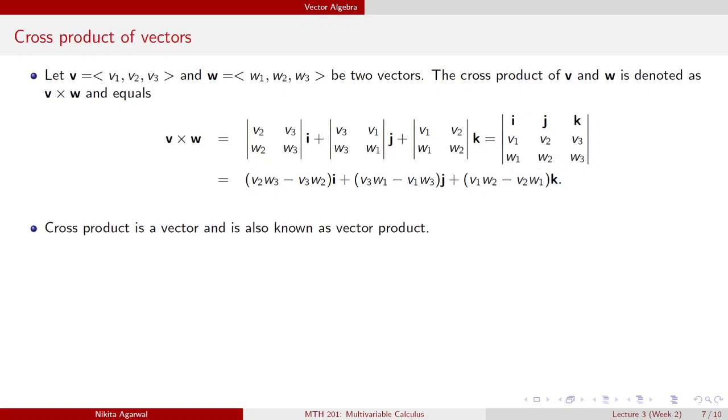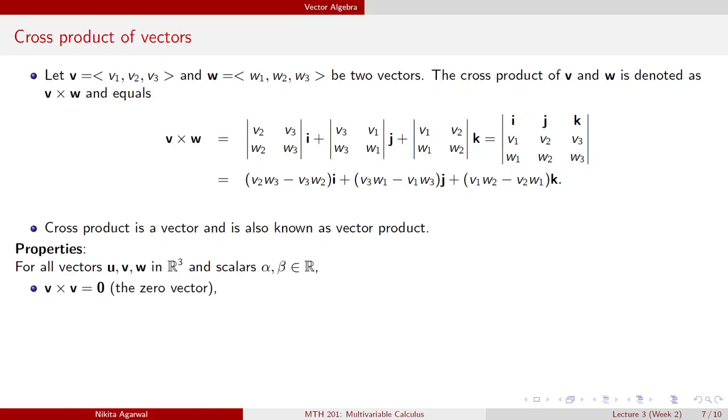We will see that in a minute. So the cross product is a vector as you can see, and it is also known as the vector product. Like the dot product gives you a scalar, a real number, and it's also called the scalar product, the cross product gives you a vector and it's known as the vector product.